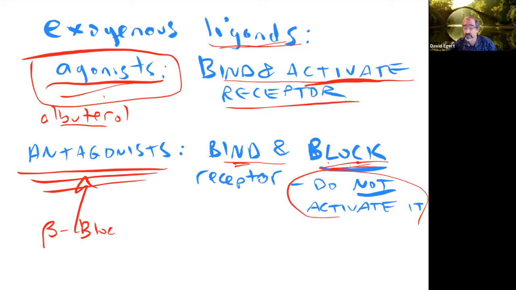It gets in there, but then doesn't activate it. There are things in between, called partial agonists, which will turn it on, but not as strongly as a full-blown agonist. But for right now, just think about agonists and antagonists.